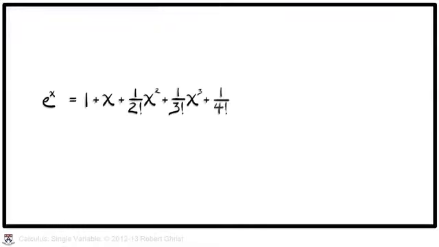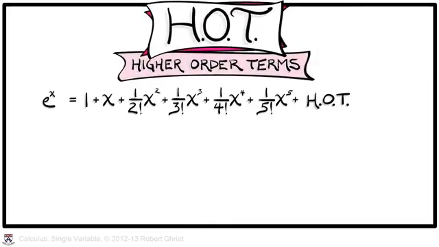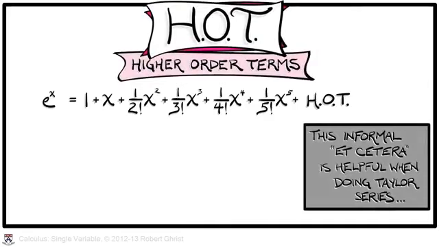Now, we're used to writing out the Taylor series term by term. Of course, since there are infinitely many, we can't write them all. We typically use a plus dot dot dot or an ellipsis to connote what happens in the tail of the series. But there's another terminology that we will begin using, that of HOT, or higher order terms. This is an informal way of saying etc., and it can be a bit helpful.